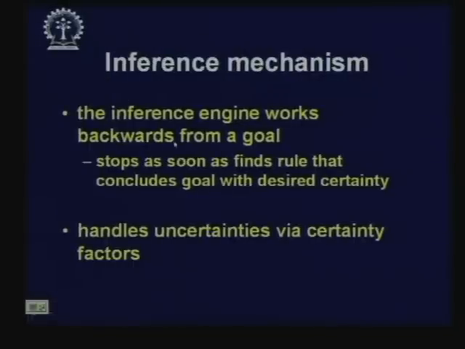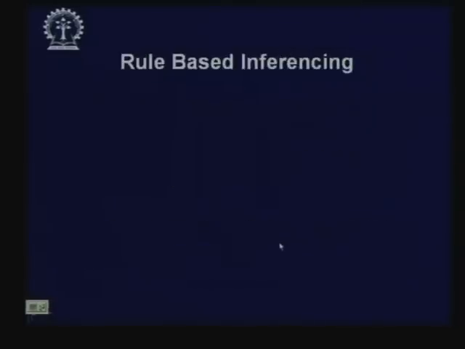The inference engine in this expert system shell works backwards from a goal. It is backward chaining, and obviously stops as soon as it finds a rule that concludes the goal with the desired certainty. It handles uncertainties via certainty factors.